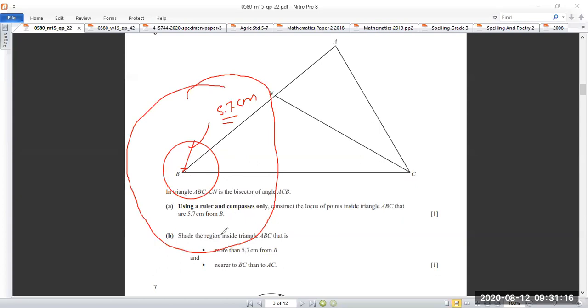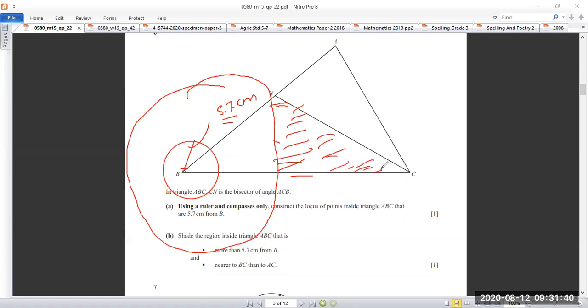All right. So the points that are closer to B than C, that are more than 5 centimeters from B, those points there, and they are further to BC than to AC.